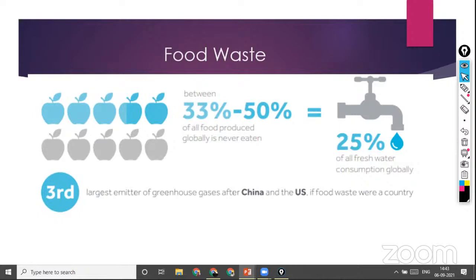It's also bad for the environment, considering the greenhouse emissions from this food if it is not properly decomposed. So all those concerns are there, and how are we going to solve these challenges, like the population, the climate change, the food waste?